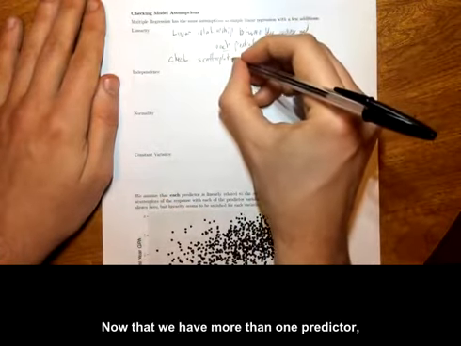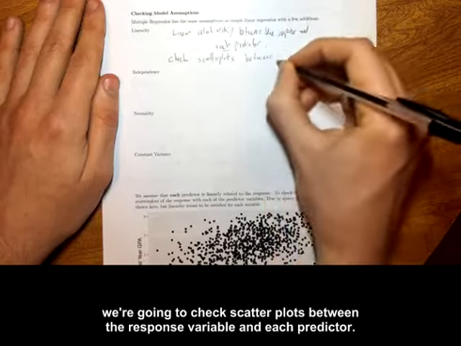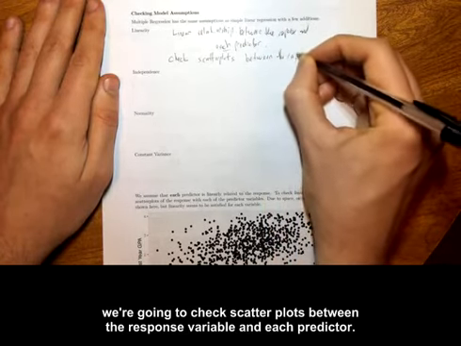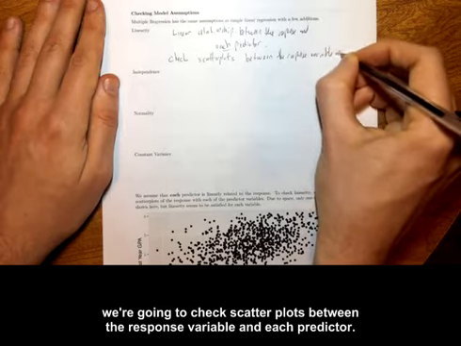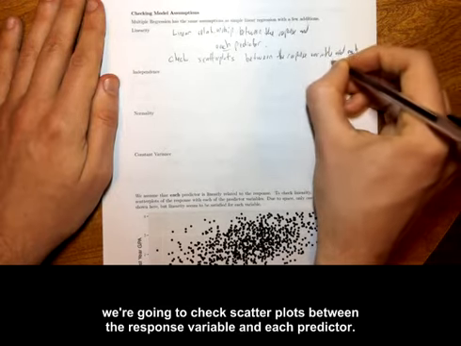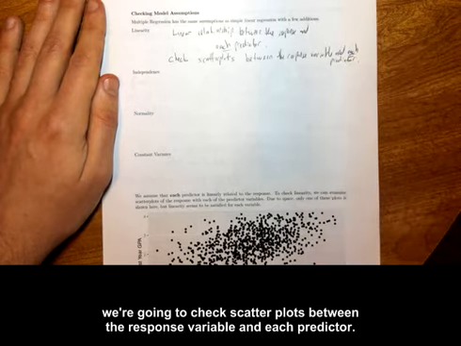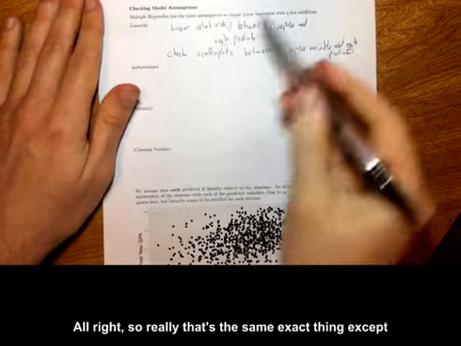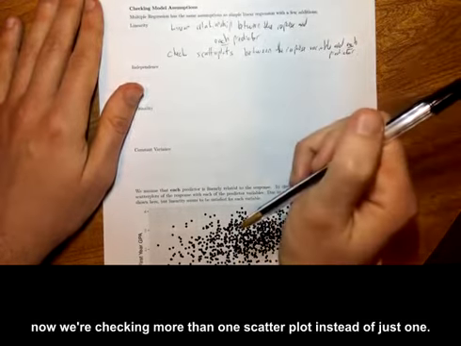Now that we have more than one predictor, we're going to check scatter plots between the response variable and each predictor. Really that's the same exact thing, except now we're checking more than one scatter plot instead of just one.